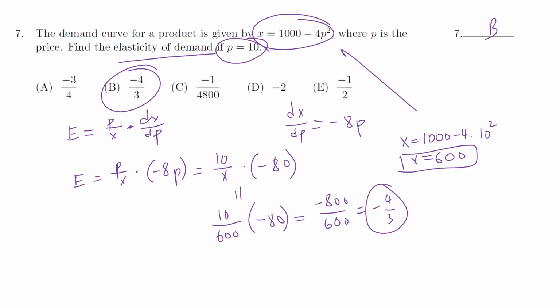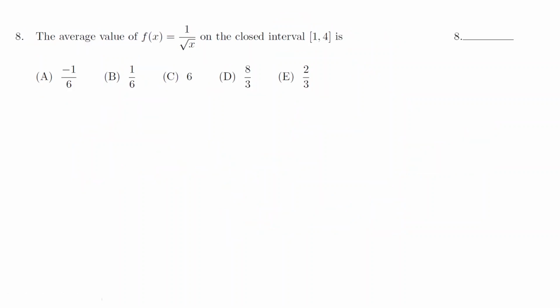Next. The average value, again, we just have to know the formula. The formula is 1 over b minus a times the integral from a to b of f of x dx. I'm plugging the stuff in immediately because my goal is just to do this as fast as I can. 1 over 4 minus 1, integral from 1 to 4, and this is x to the negative 1/2 dx. I just converted that.